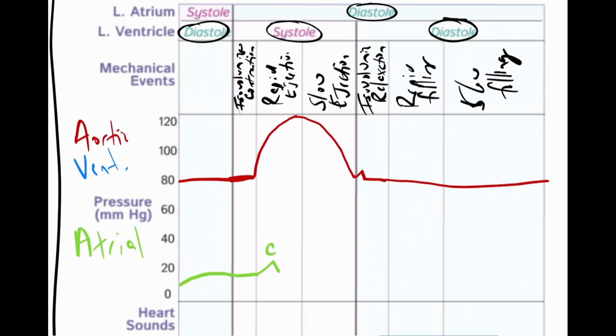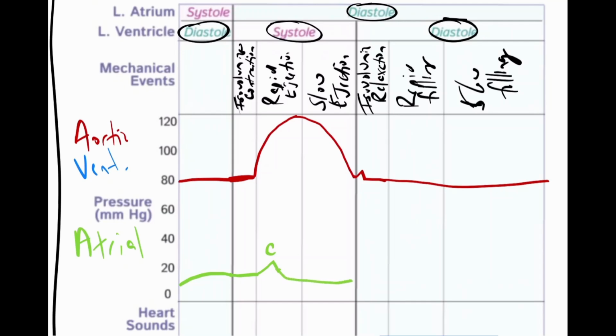The C wave, we talked about left atrial waves. This is the C wave due to contraction of the ventricle. So you get a little bit of a bump in pressure in the atria because that mitral valve kind of gets pushed a little bit. Then we come back down and wait.